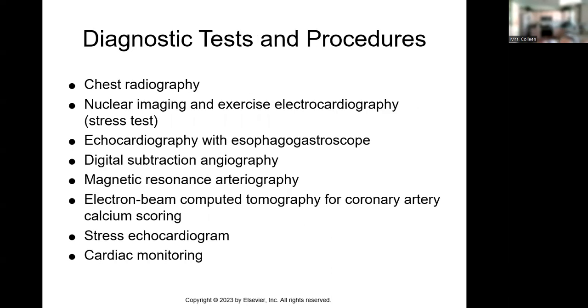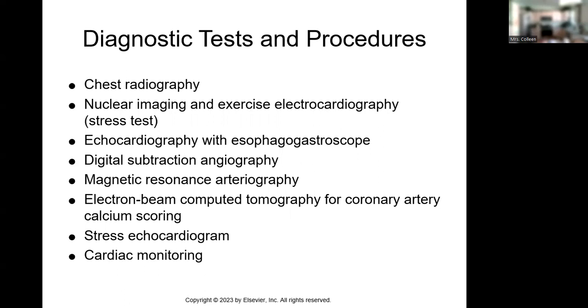Okay. So when we talk about diagnostic tests, these are the tests that will be done for our cardiac patients. Chest radiography, right? So we can have a chest x-ray done, taking a look at everything in the chest, including the heart, the lungs, and the thoracic cavity. They can have nuclear imaging tests. They can also do a stress test, and the next slide shows you a picture of the stress test.